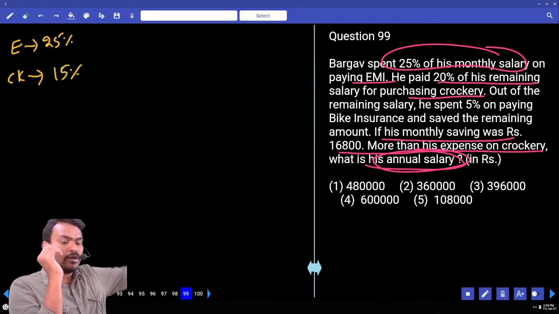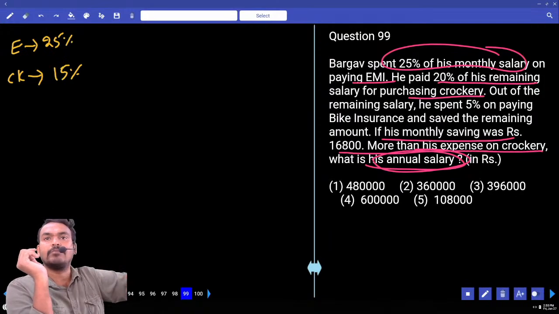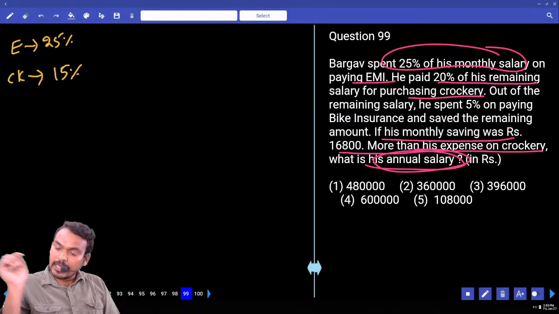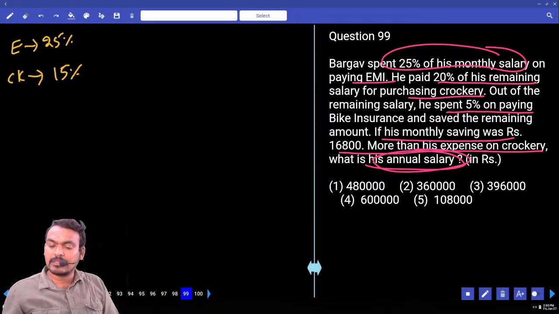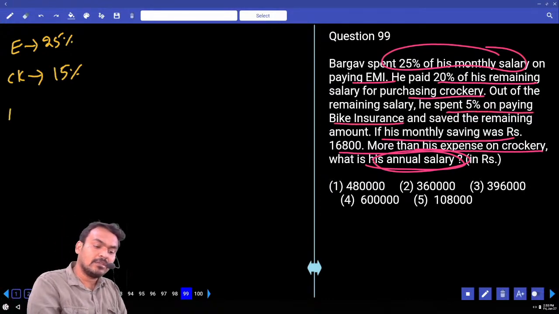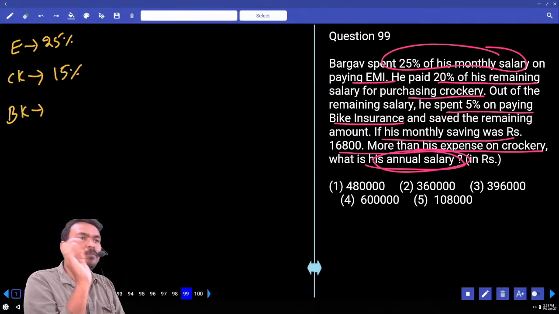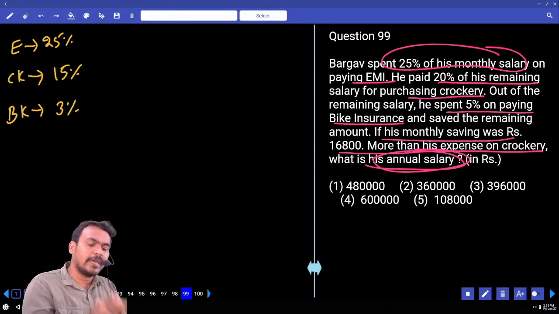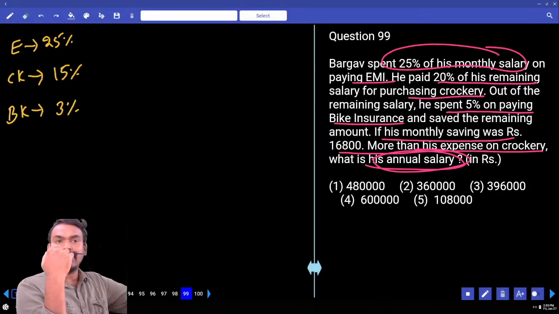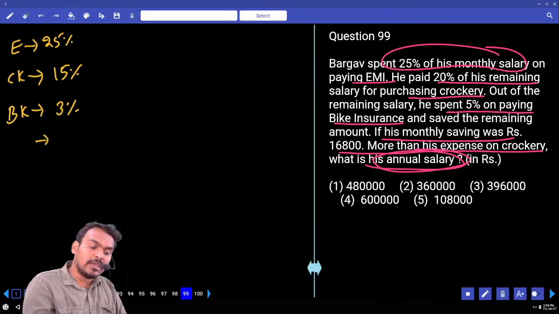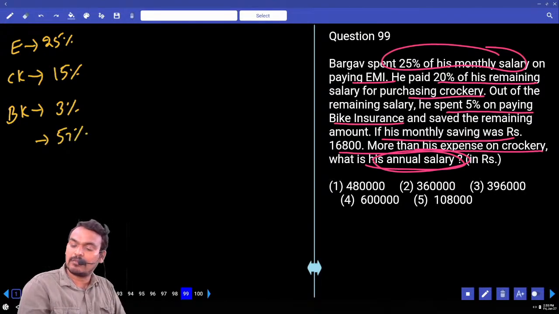Crockery 15. 25 plus 15? 40 complete. What is the remaining? 60. In that, how much percent is bike insurance? 5%. What is 5% of 60? 3%. 3% is which one? Bike insurance or not? 25 plus 15, 40 plus 3, 43 complete. What is the remaining? 57. That 57% is which one?